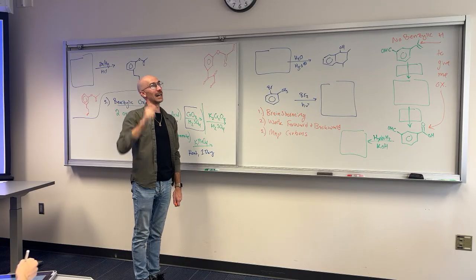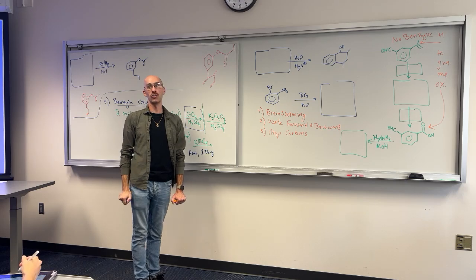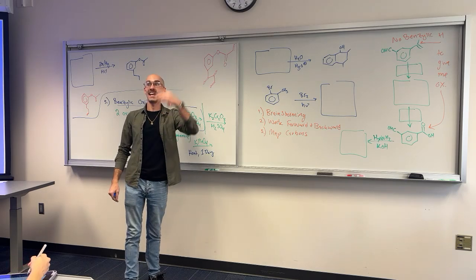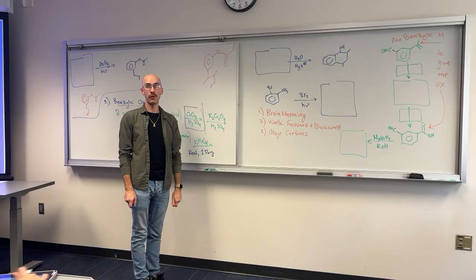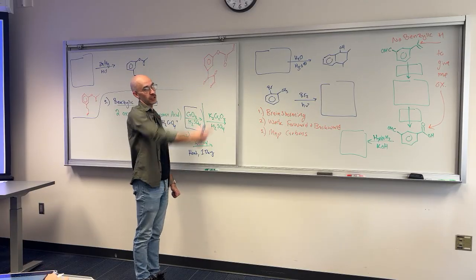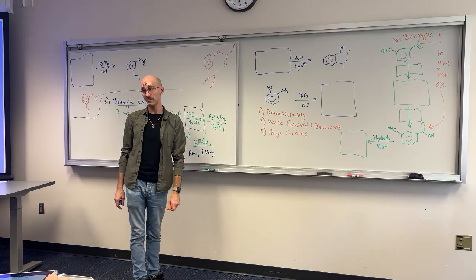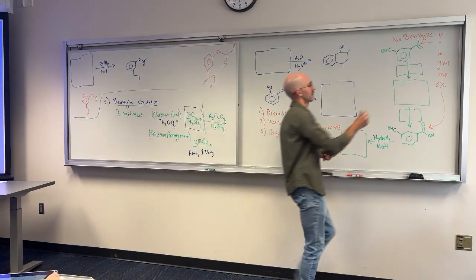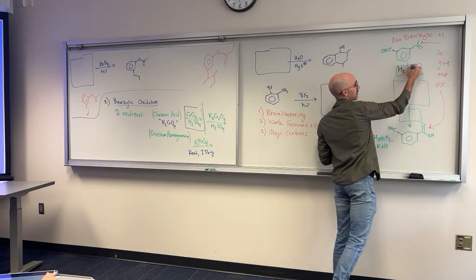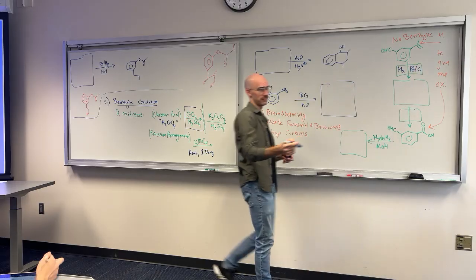You can argue that you could do anti-Markovnikov HBr, radical HBr, in peroxides, because that would put the hydrogen on the more substituted position. But the easiest way to get hydrogen there is just to add hydrogen by hydrogenation.